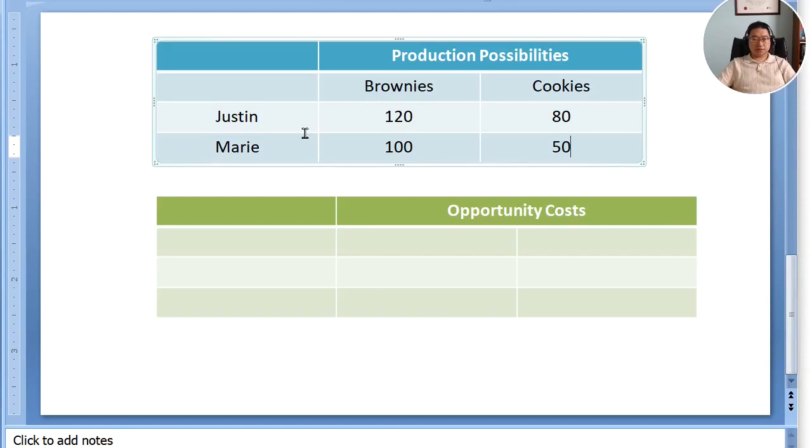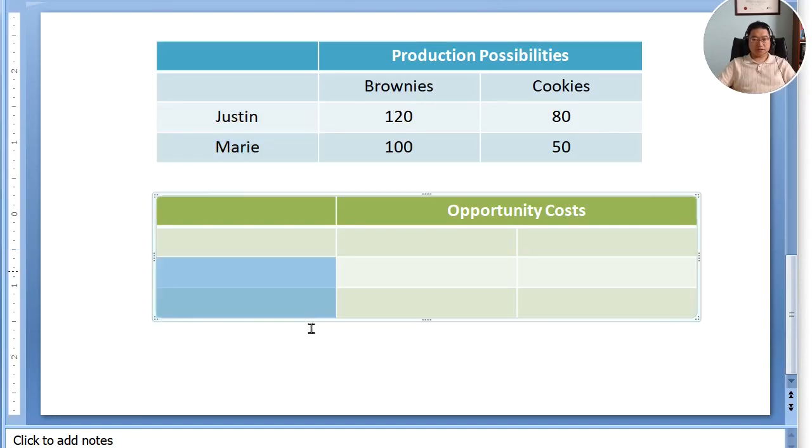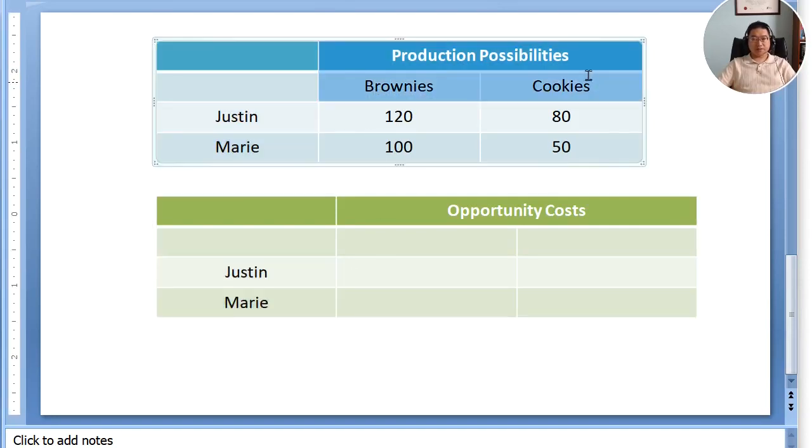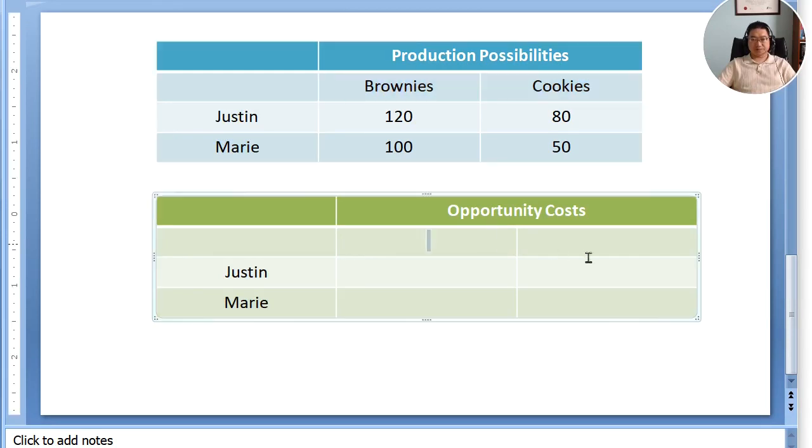Alright, now let's consider the opportunity cost. Still, two persons, two products, or two economies, two products. Same story. For brownies, what we put in the numerator will be the cookies. We measure the opportunity cost of brownies using cookies.